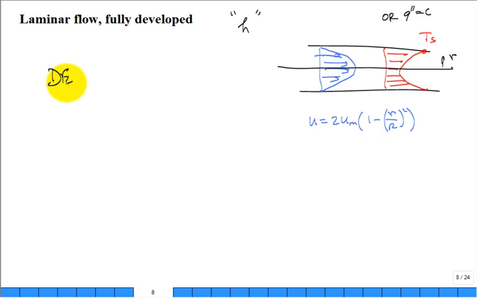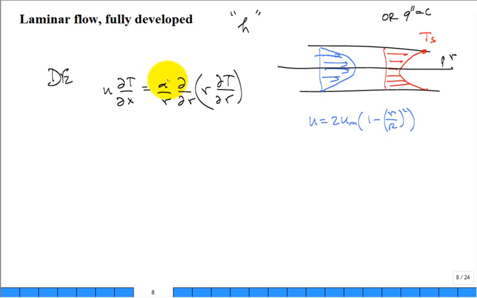What does DE stand for? Differential equation. It's going to be an energy balance differential equation. It's going to look something like u partial T with respect to x equal to alpha over r, the partial with respect to r of r partial T with respect to r. This is a term of diffusion of heat. The left-hand side is advection and how it would be increasing the fluid temperature as you're going down.